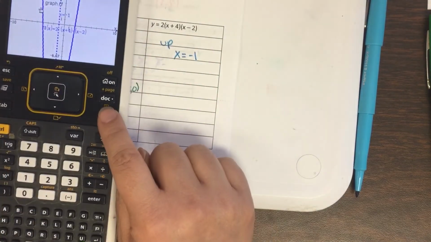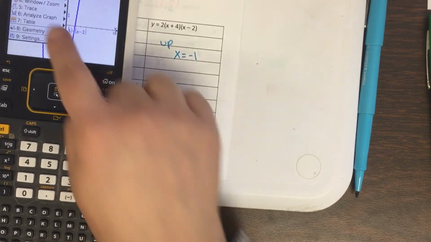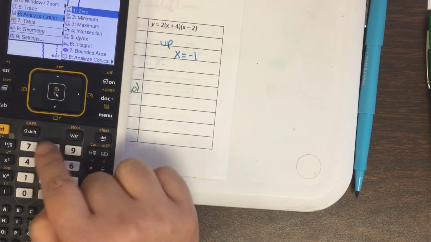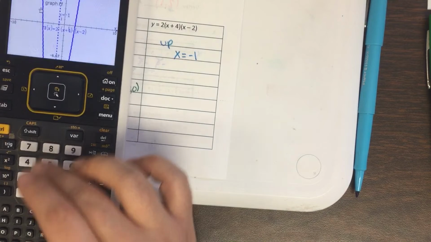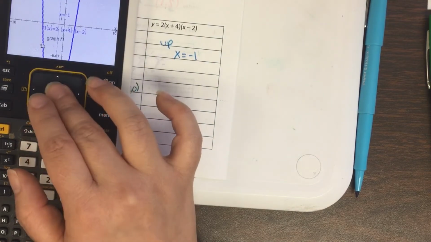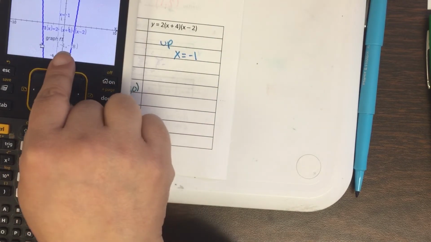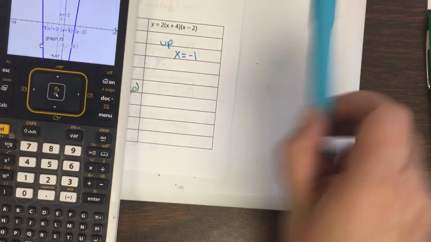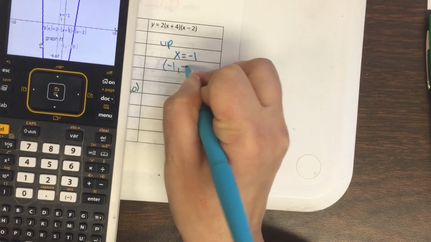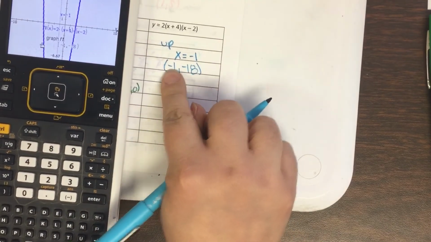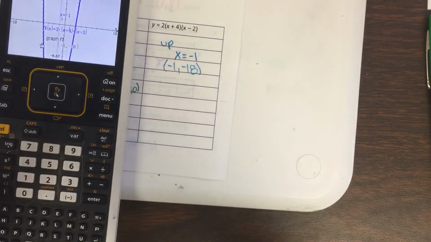So you can trace menu 5-1 or menu analyze, and then I go to option 2 for my vertices. I click on the graph and it pops up -1, -18. Notice how the x value is the same.